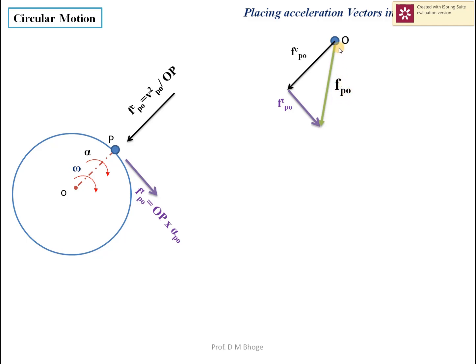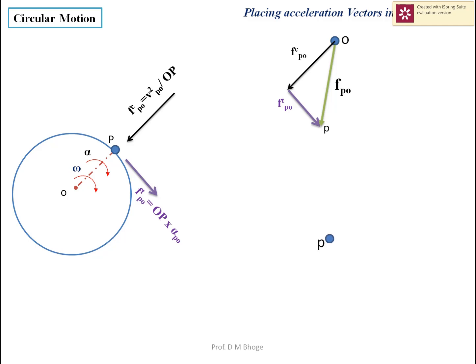So O should be at the tail of the resultant, and P should be at the head of the resultant. So here we get point P. So FCPO plus FTPO is FPO, vector OP. Now this was when we have point O with us.